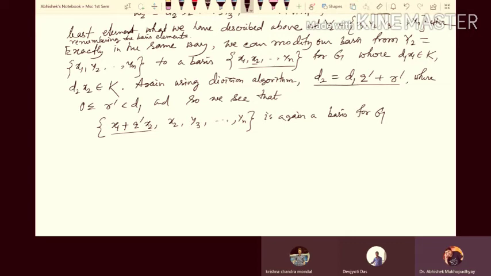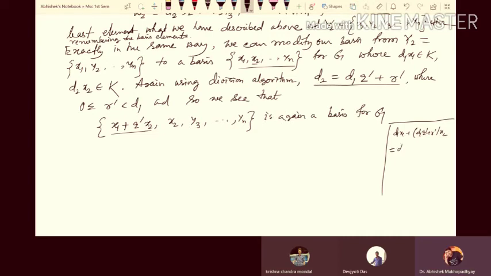If we put the expression for d2, that is d1 q dash plus r dash, then what you will get is d1 x1 plus d2 x2. So what is d2? That is d1 q dash plus r dash, times x2.